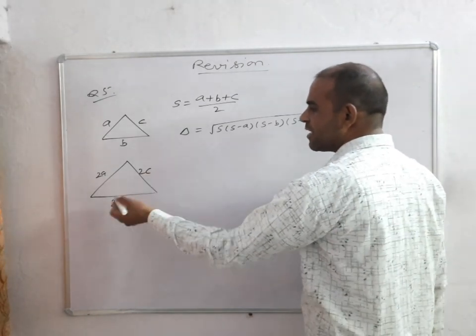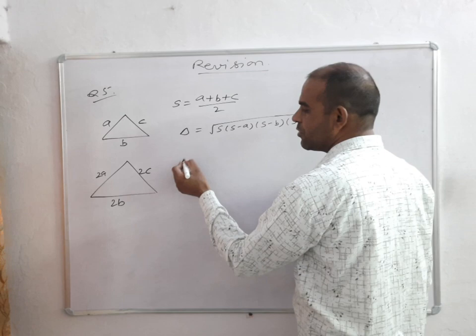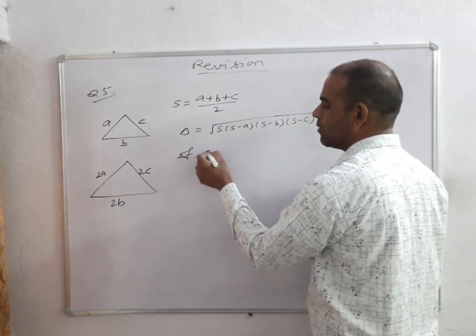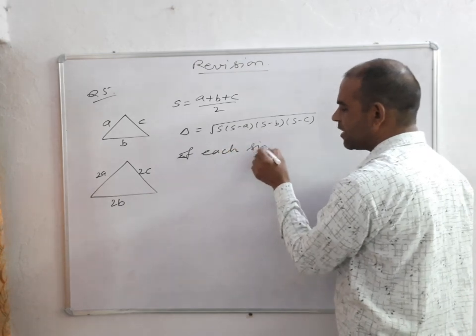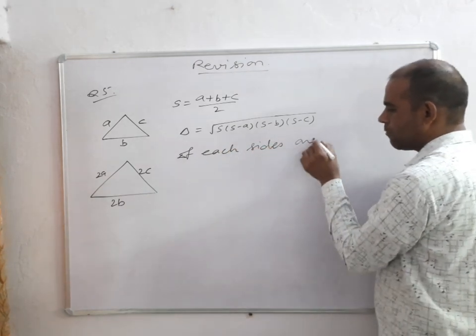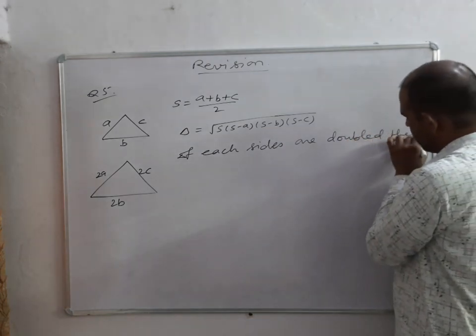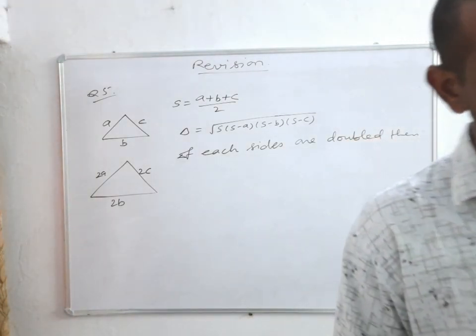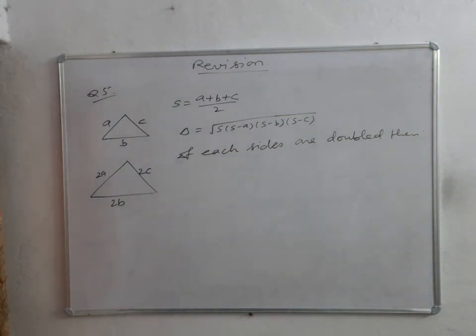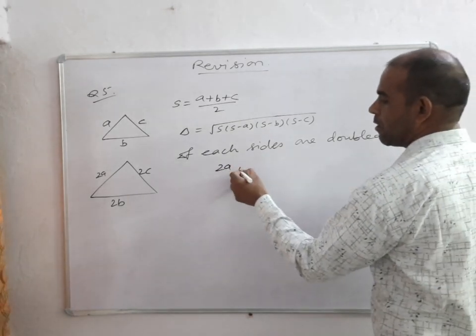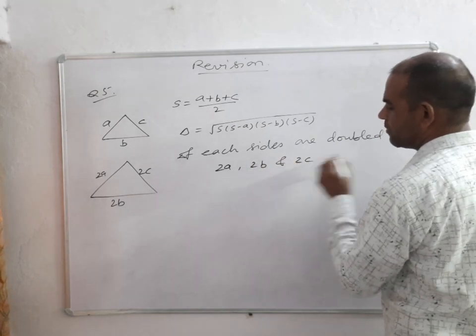If each side is doubled, then the new sides are 2A, 2B and 2C.